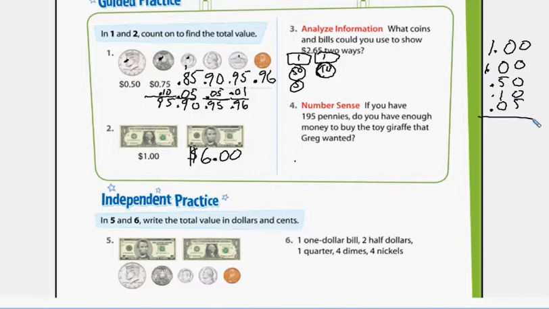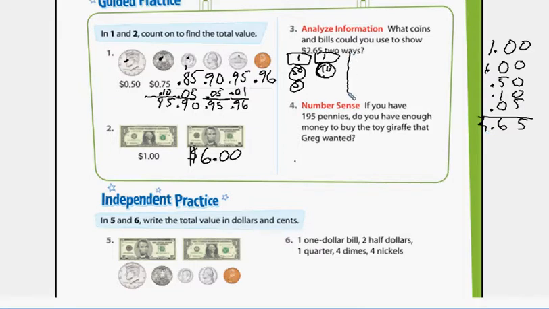When I add that up, 5 plus all the zeros is 5. Okay, 5 and 1 is 6, decimal, and then 2 $1 bills is 2. So that's $2.65. Okay, that's one way of doing it.